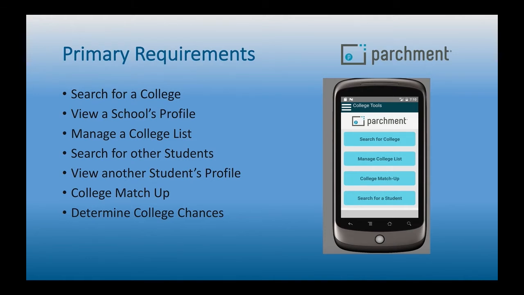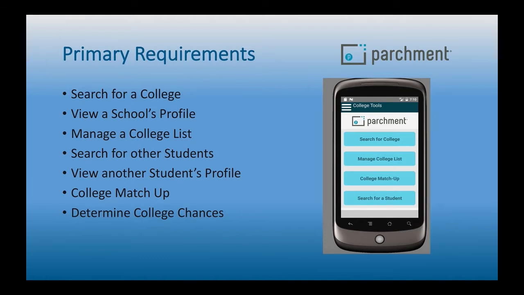Different statuses are interested, applying, accepted, attending, and denied, or obviously they can delete from the list. Managing the college list will allow Parchment to improve the accuracy of some of the algorithms for future students.